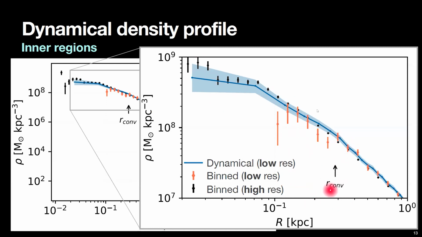And this is because we tend not to trust our bin profile below some radius of convergence, which I've marked here with this arrow. That's because your errors there, your Poisson noise, become high, and also because relaxation effects become important there. So there's no convergence below this radius.